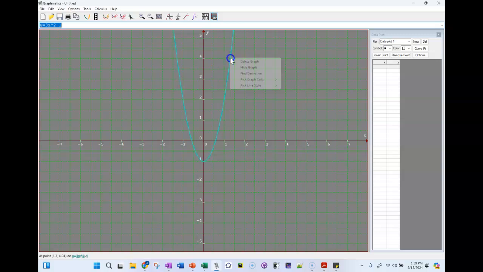Maybe that'll give us a little bit of insight. So there's the graph for the square root of x, right? There's the graph for 1 over 2 square roots of x.